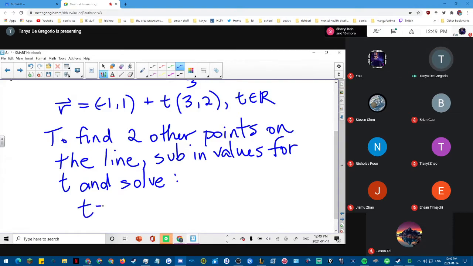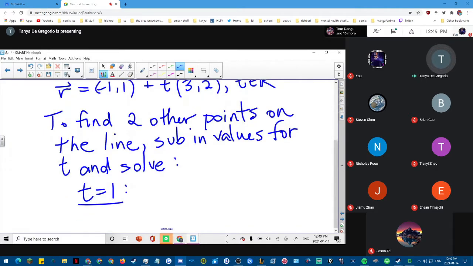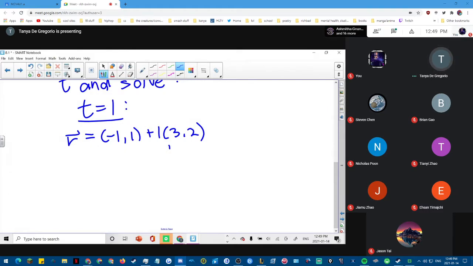I'm just going to follow what I have here. Let's say t is equal to 1. So if t is equal to 1, then I have negative 1 plus 1 times 3, 2. And so I'm just going to have negative 1 plus 3 and 1 plus 2. That's another point on the line.